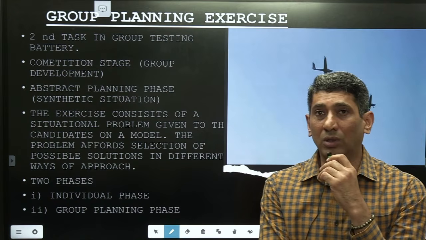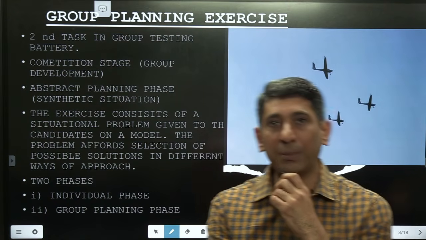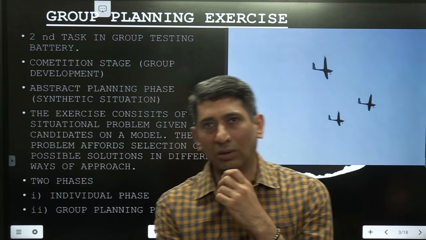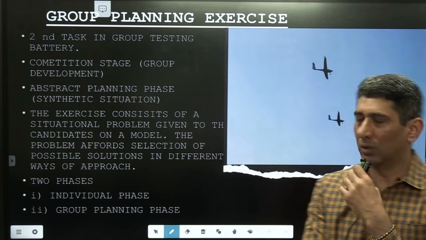Now, it is in this task wherein you will keep competing with your group mates for various aspects which you will come to know, which I am going to tell you now.